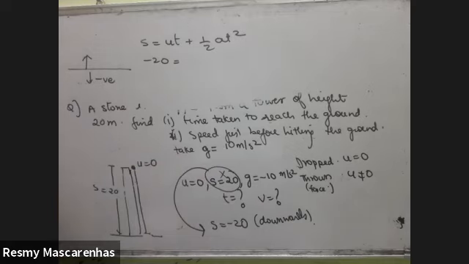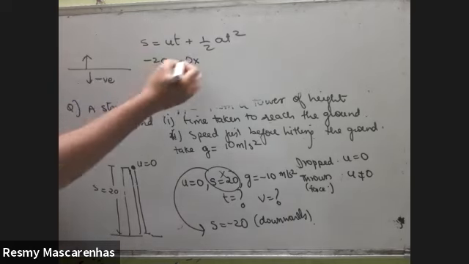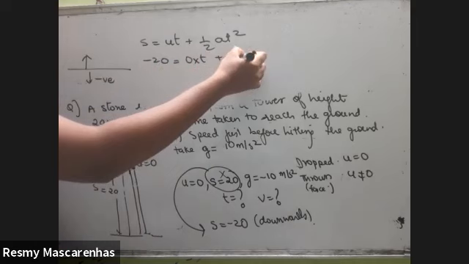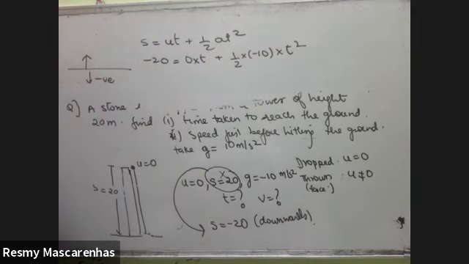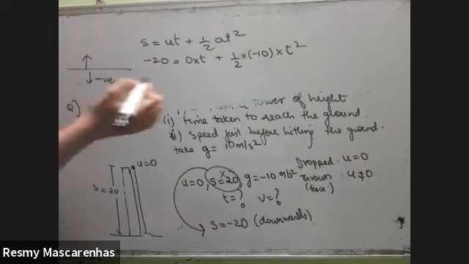u is 0. You have to calculate the time. This is minus 10, so this will be minus 5.